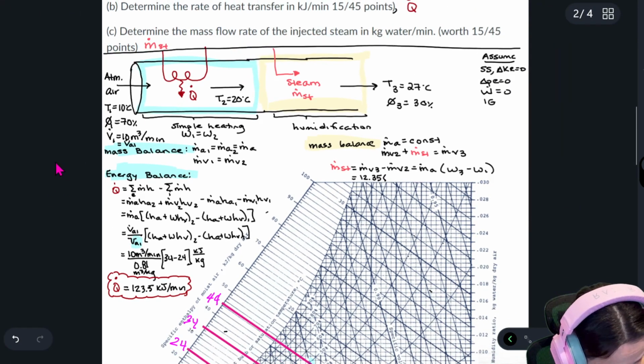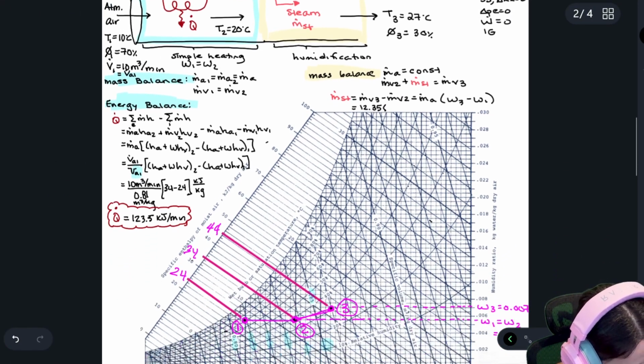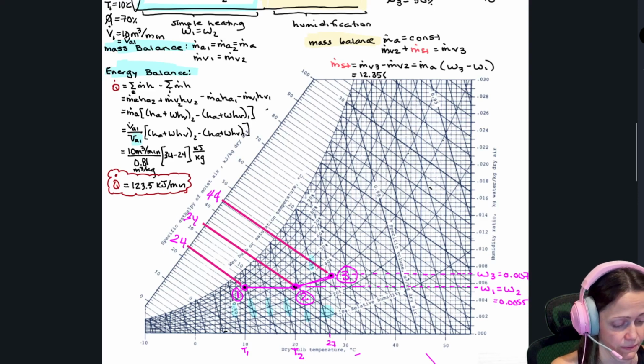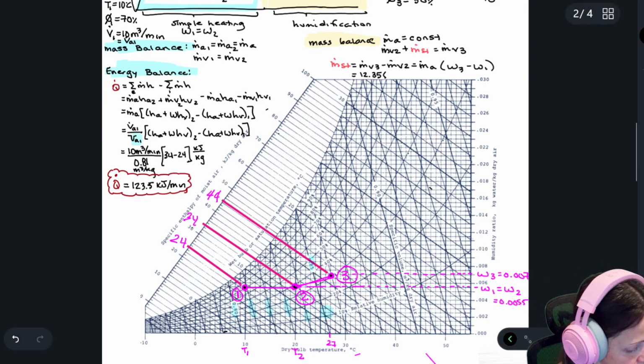So let's see, we had made a note of those, didn't we? Looks like it's going to be 0.007 minus 0.0055.